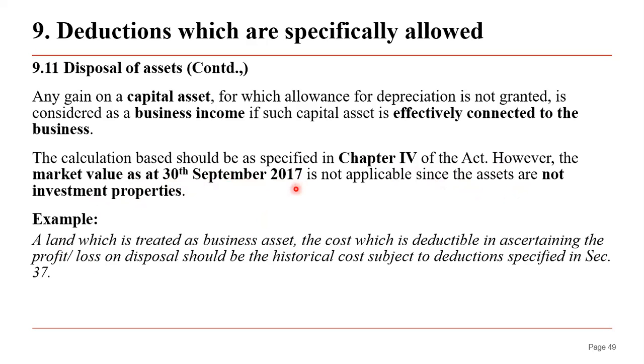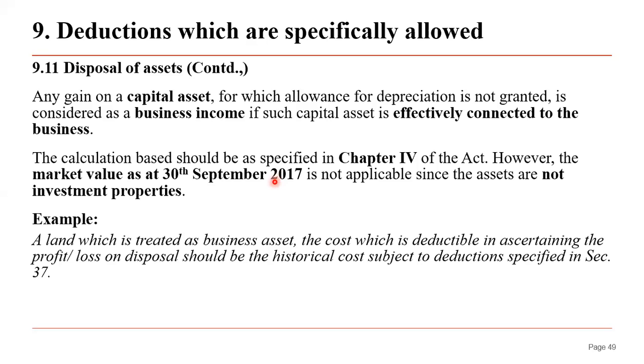We will discuss capital gain separately: how to calculate the capital gain, how to determine the 30th September value and the market value. The same accounting principles, fair value measurement, level 1, level 2, level 3, will also apply. The same provisions are there. We will discuss the capital gain in the next sessions.